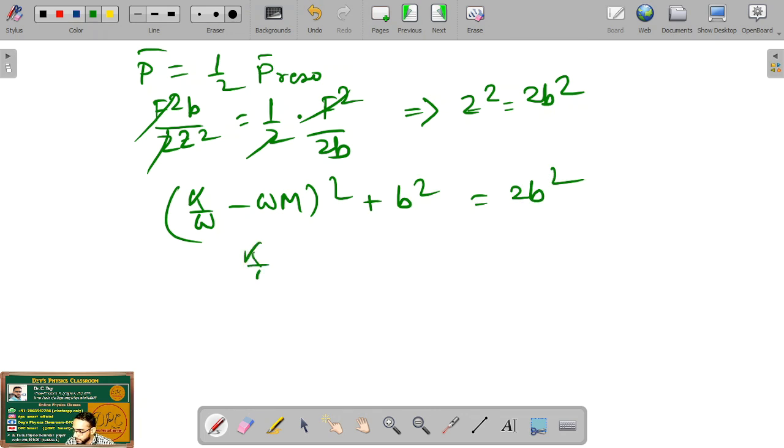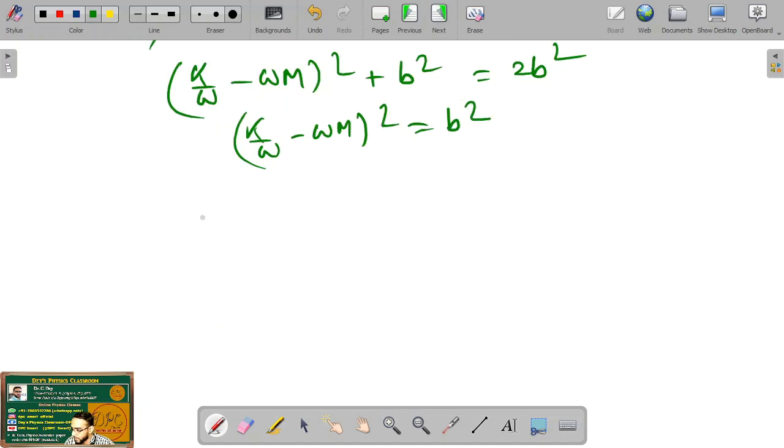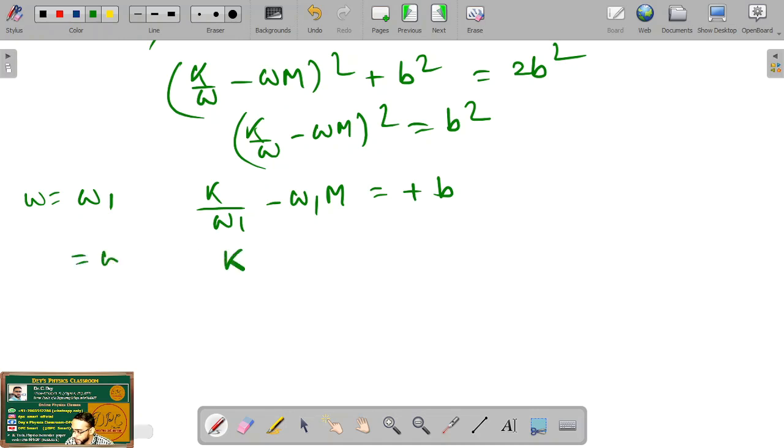So k by omega minus omega m, whole square, equals B square, or k by omega minus omega m would be plus or minus B. So when omega equals omega 1, k by omega 1 minus omega 1 m equals plus B, and similarly when omega equals omega 2, k by omega 2 minus omega 2 m equals minus B.